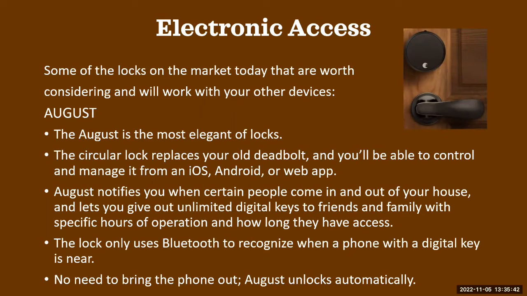August notifies you when certain people come in and out of your house, and lets you give out unlimited digital keys to friends and family with specific hours of operation and how long they have access. The lock only uses Bluetooth to recognize when a phone with a digital key is near. There's no need to bring the phone out. It unlocks automatically.